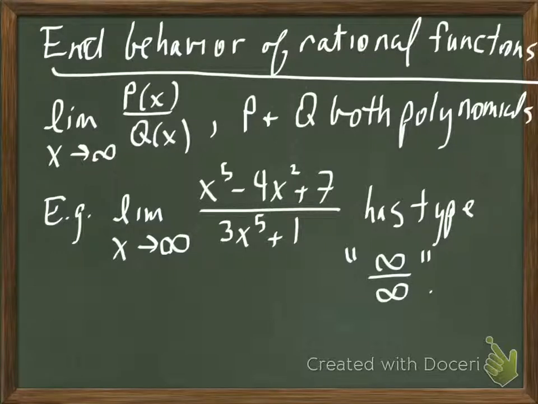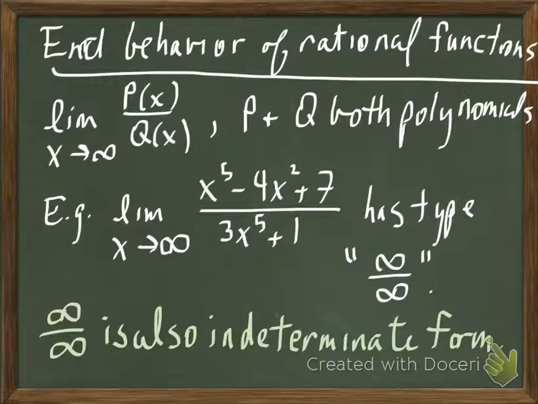So we would say that this limit has type infinity over infinity. And it turns out infinity over infinity is also an indeterminate form. It gives us no information about what the limit of the function may be. So it's another cue to us that we need to do more work.